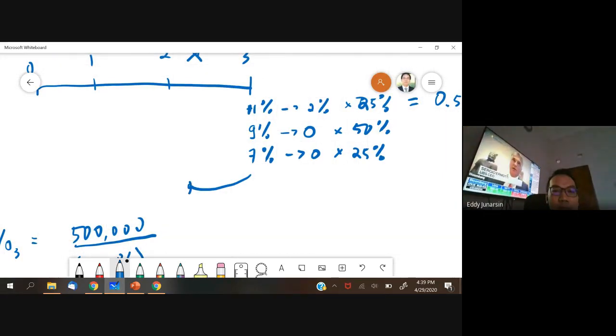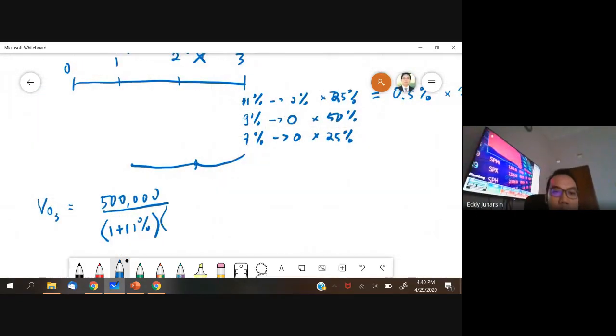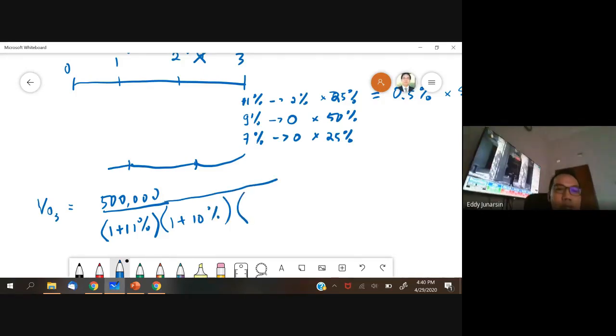Then to here, 10%. And from here to here is 9%.